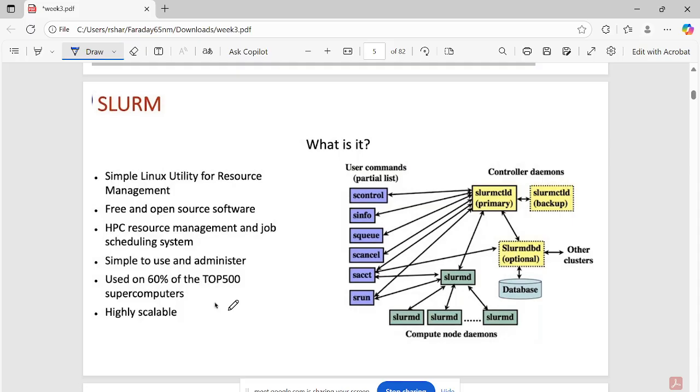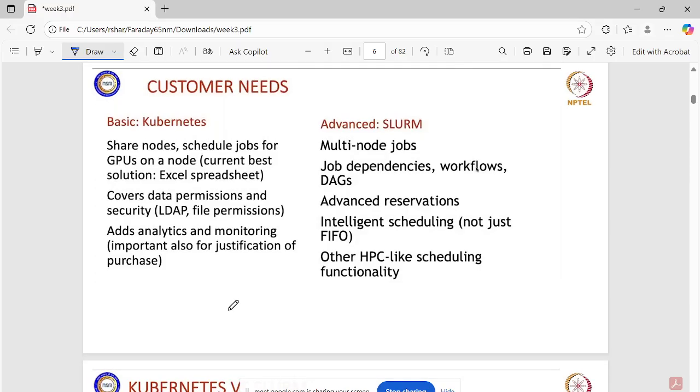But Kubernetes does so many things automatically. Let's just go to the comparison: one is the Kubernetes way of implementing, and the other is the Slurm way of implementing.